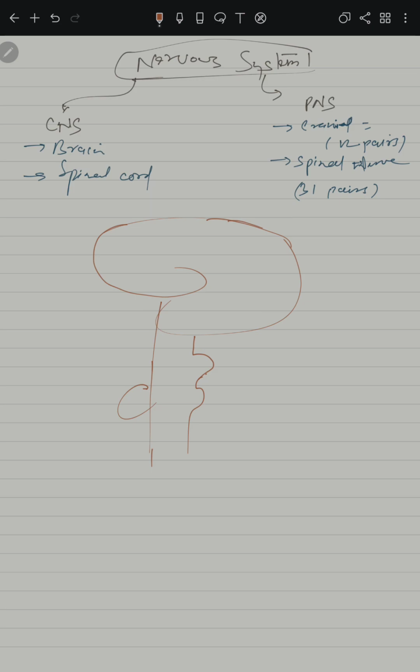Okay, this is the midbrain, pons, medulla oblongata. Medulla oblongata, its other name is the myelencephalon.